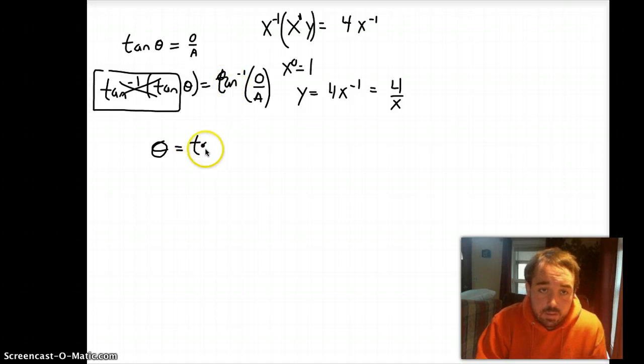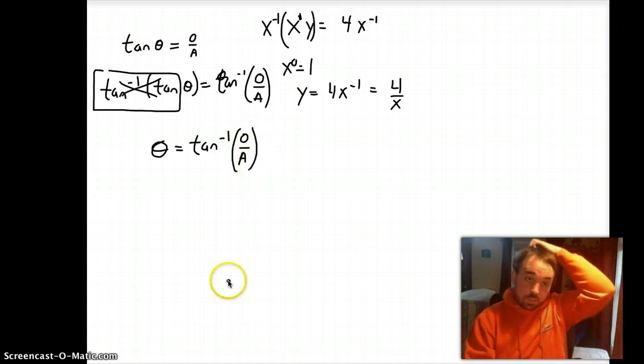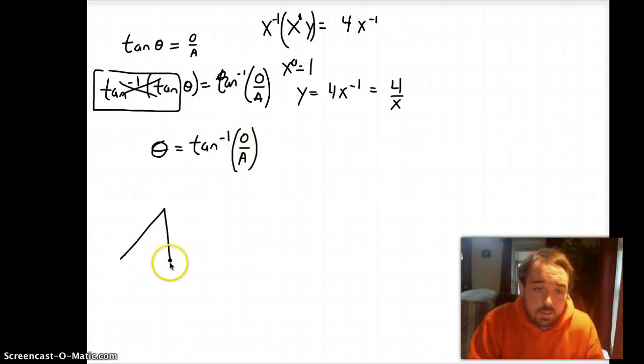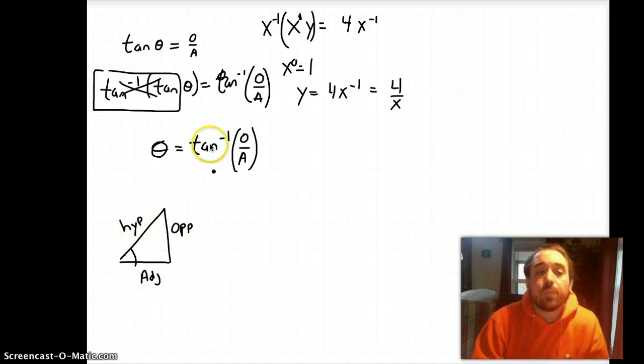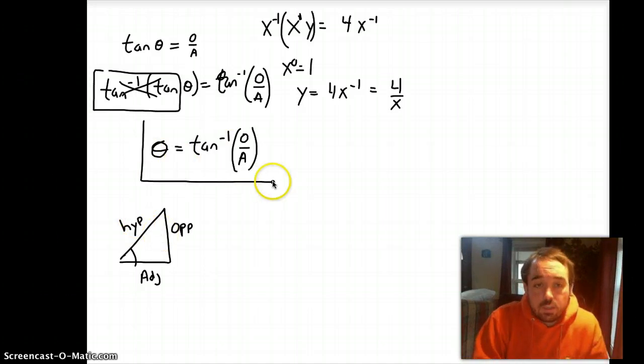And we're left with tan to the negative 1 of opposite over adjacent. So when we're solving for the angle of a triangle where we know the opposite side and the adjacent side, and we can solve for the hypotenuse using the Pythagorean theorem, we use this equation to find the angle.